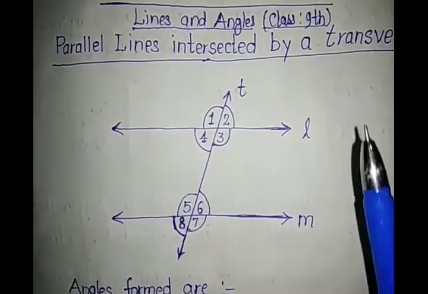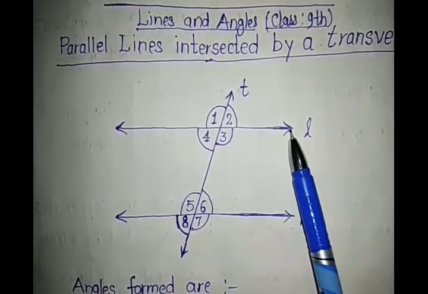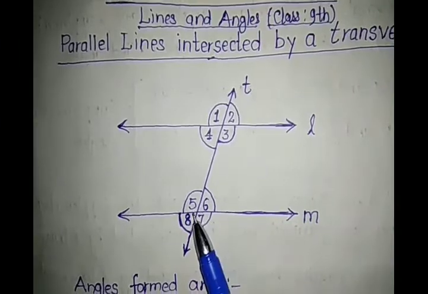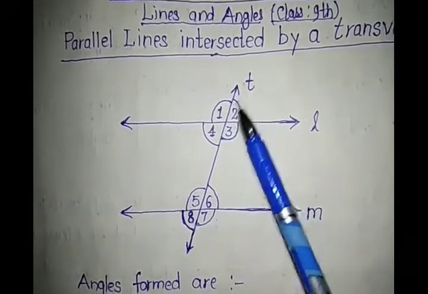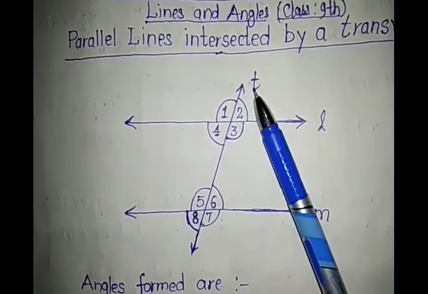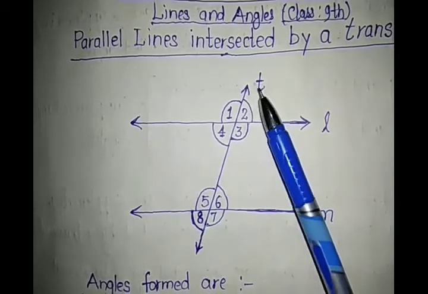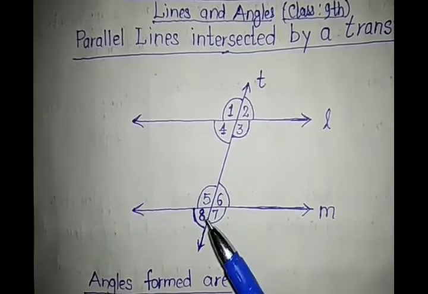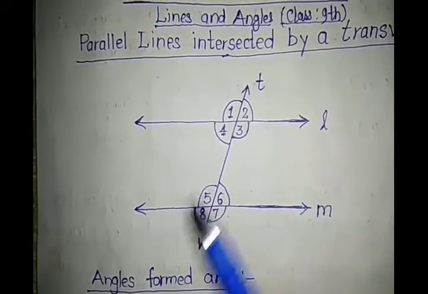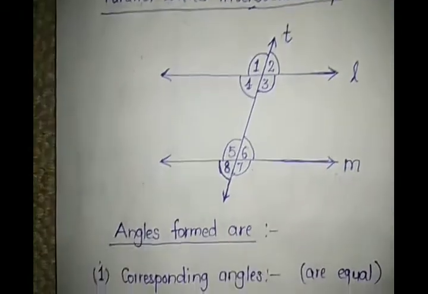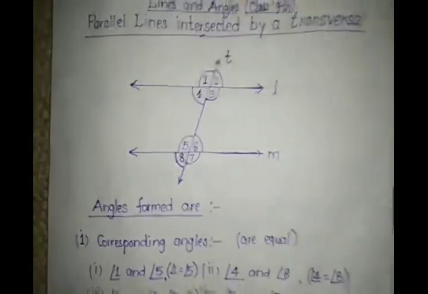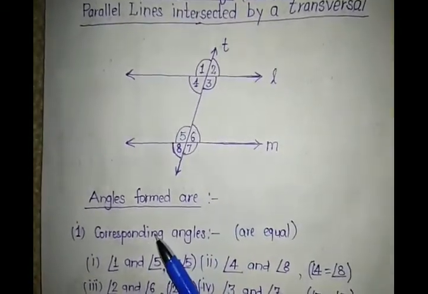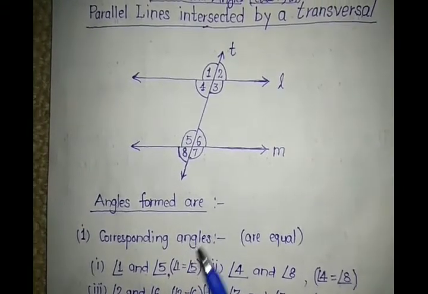These are two parallel lines, line L and line M, and these lines are intersected by a transversal T. When two parallel lines are intersected by a transversal T, then the angles so formed are as follows. First of all, corresponding angles.